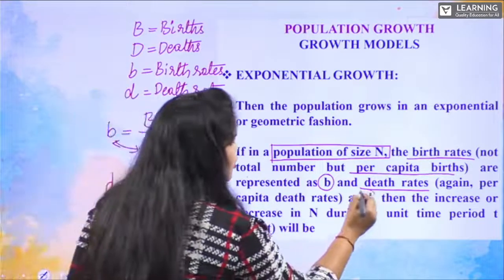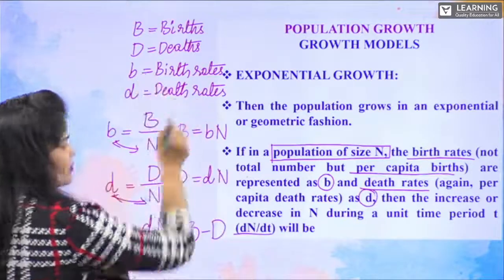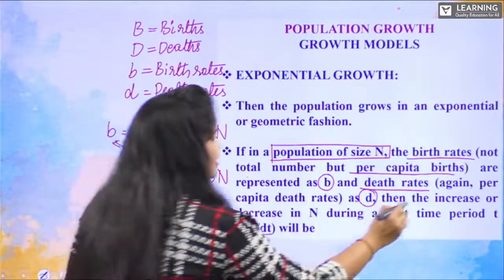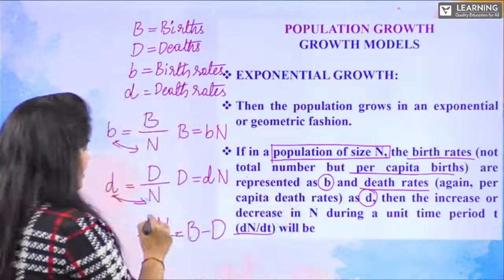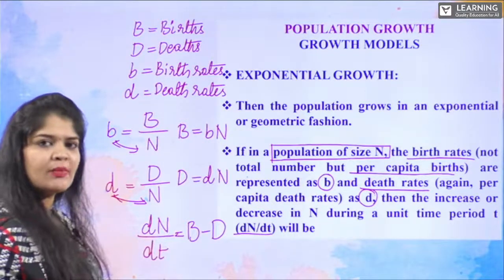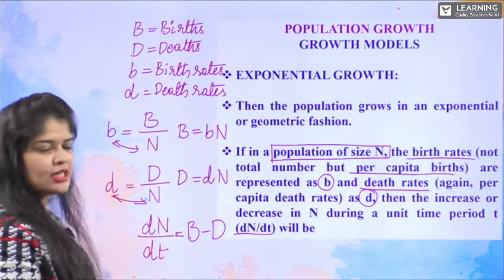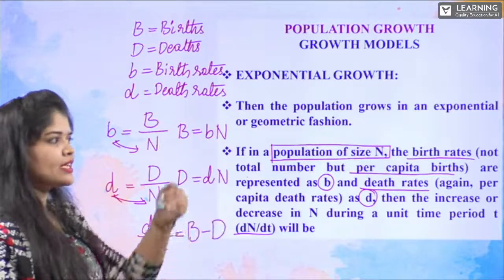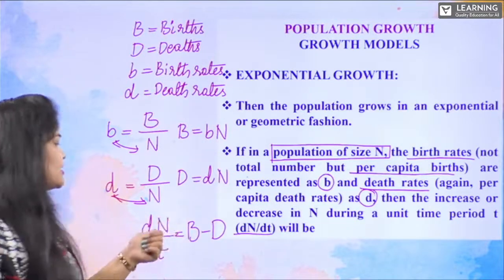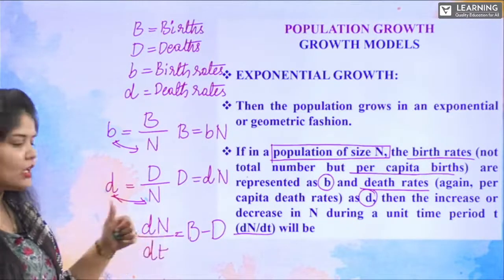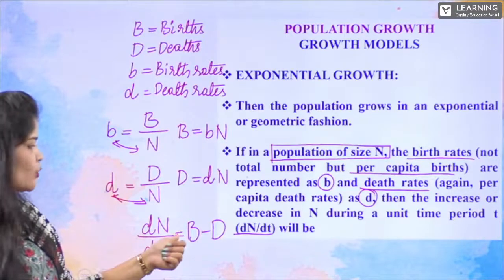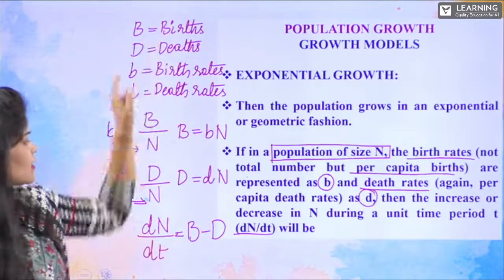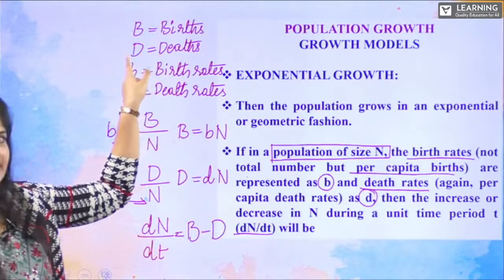Small d, already I have represented here, right? Then increase or decrease, that is a difference. Difference in population density by difference in time, that is change, whether it is increasing or decreasing, is equal to births minus deaths.